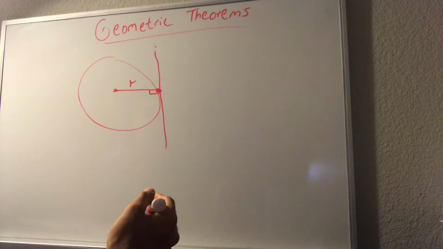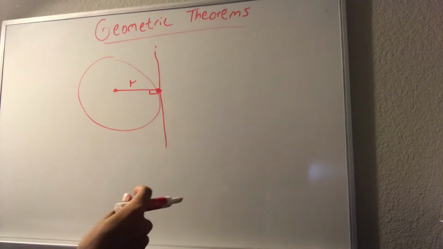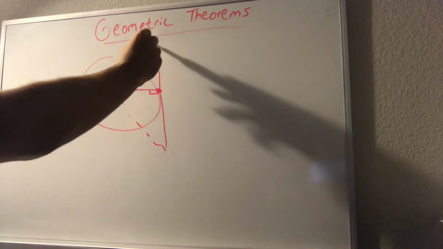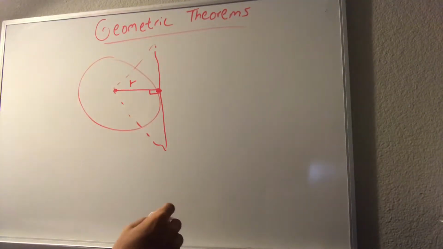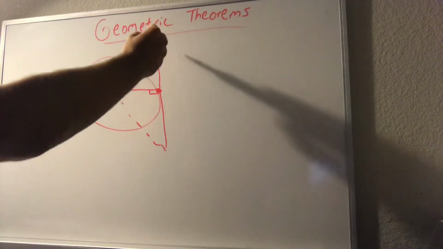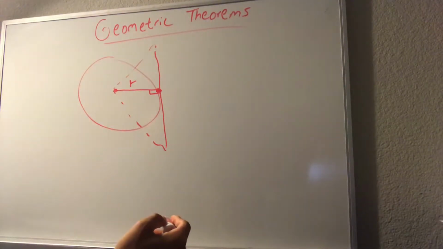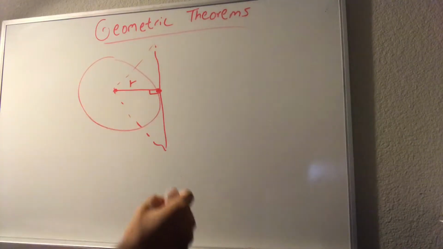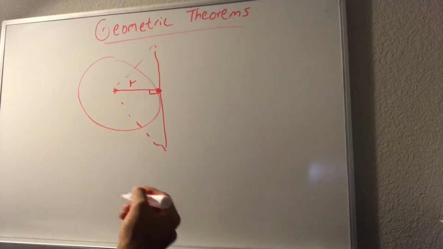And obviously, how you apply this: you could form a triangle here, and the radius could be the altitude of this triangle. Using the law of sines and cosines, you can find this angle, which could give you the measure of your central angle.